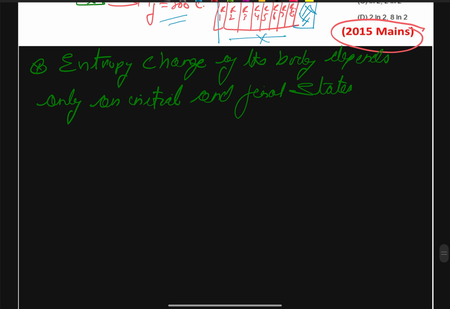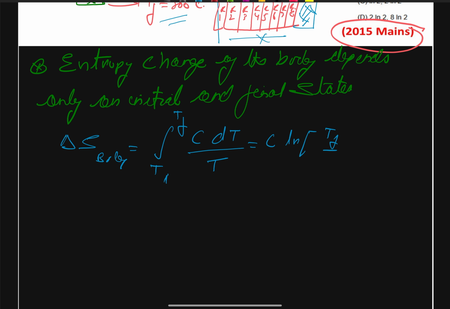Therefore, the entropy change of the body will be equal to the integral from initial temperature to final temperature of C dT divided by T. If we integrate it, C is constant and this comes as C natural log of Tf upon Ti.